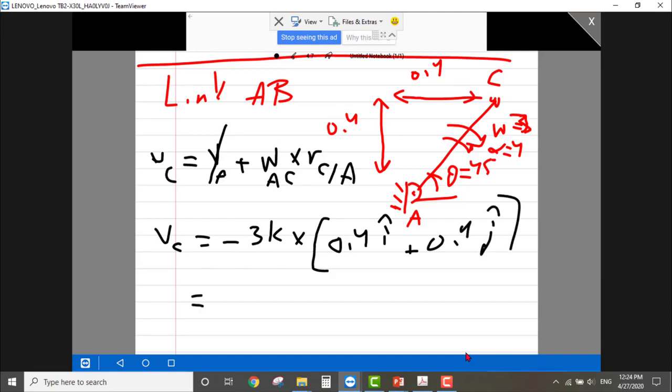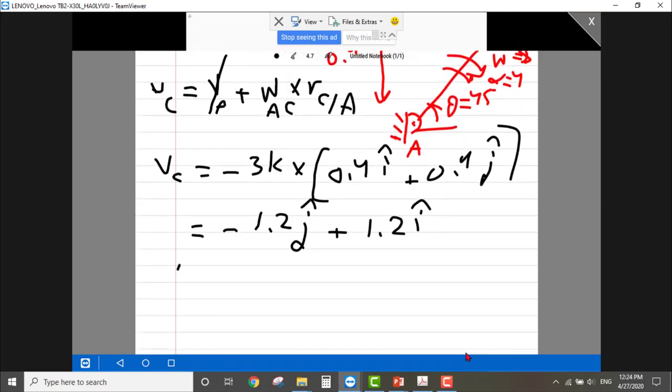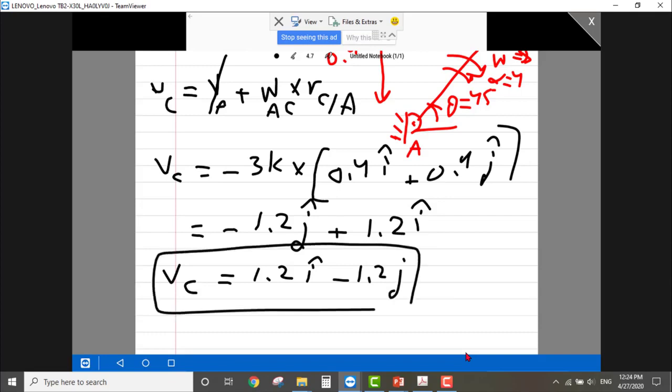So we have a minus sign: minus k multiplied by I, k by I is positive, so we'll keep the minus sign, and this is 1.2 j. Now k cross product j is minus, and we have minus, then we have positive 1.2 I. As we expect, VC has two components, one in the positive I direction and one in the negative j direction. So 1.2 I minus 1.2 j.